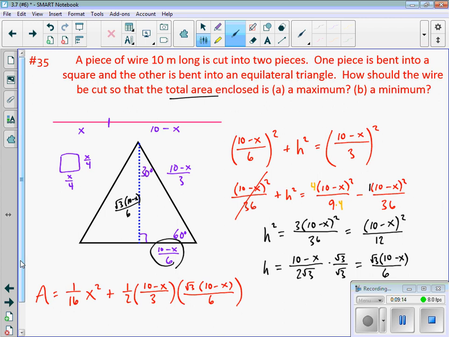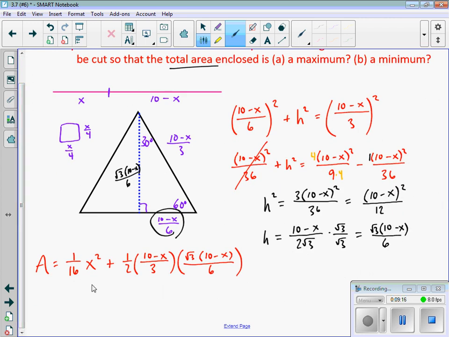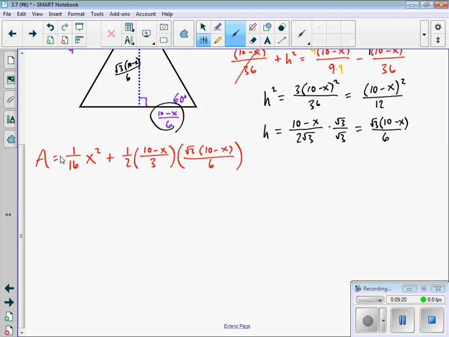Thank you. Okay, and then I would clean this up and then find your derivative after you clean it up. Otherwise, it's going to get really messy here. So the 1/16 x squared is already easy to deal with. Okay, back here, we've got really a 10 minus x squared, and then we'll put all the constant stuff out front.